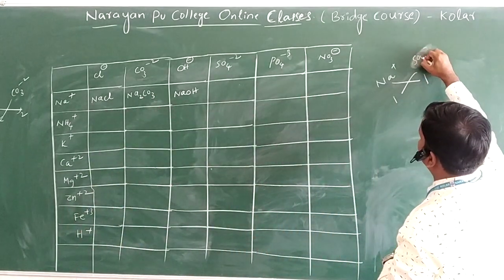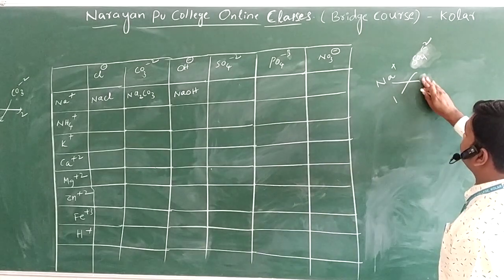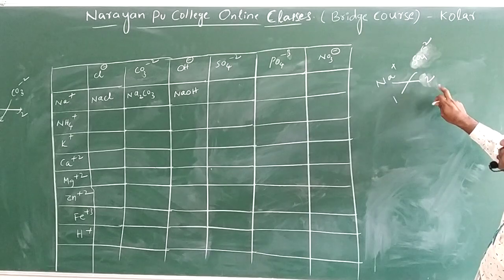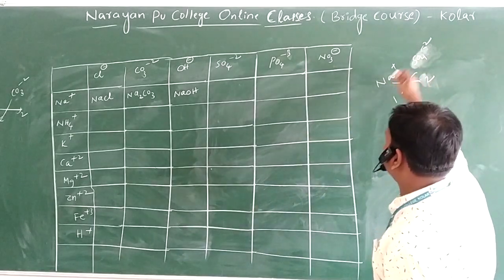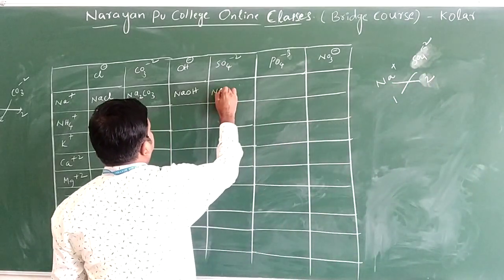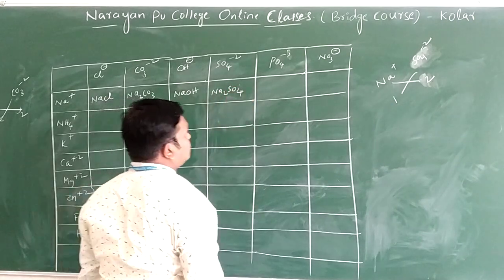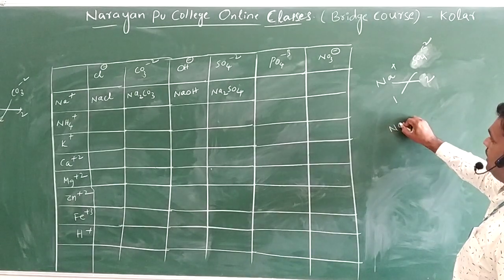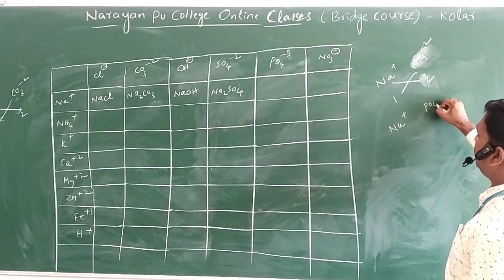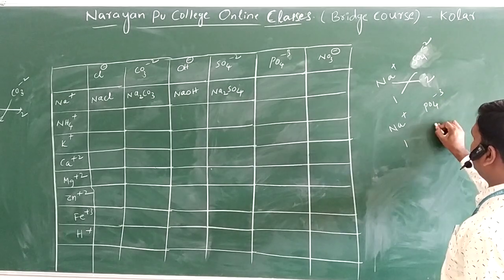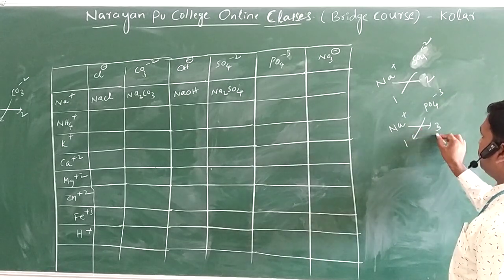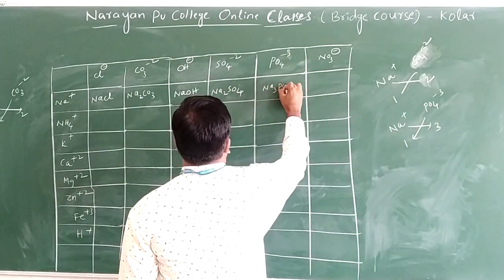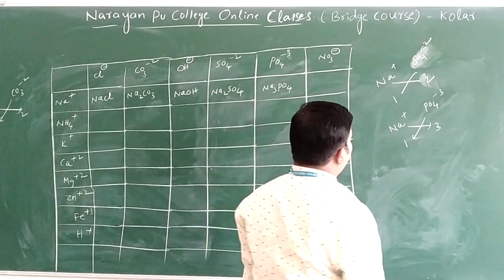Let us see the next example. We have SO4 minus 2. Na charge is 1, SO4 minus means the charge is 2. Then you will get Na2SO4. Next we have PO4 minus 3. Here Na plus, and here PO4 minus 3, here 1 and here 3. Then you will get Na3PO4, sodium phosphate.